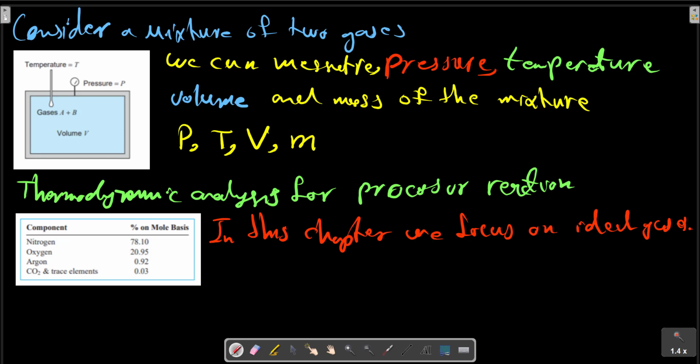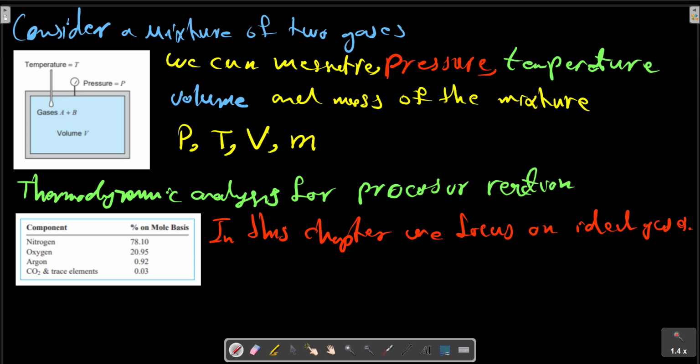We assume that each component is uninfluenced by the presence of the other components and that each component can be treated as an ideal gas. In the case of a real gaseous mixture at higher pressure, this assumption will probably not be accurate because of the nature of interaction between the molecules of the different components.